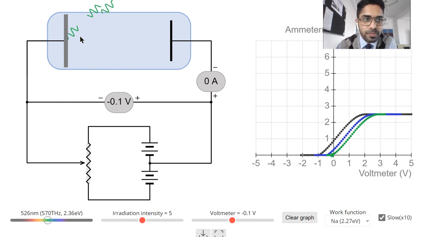So we need the particle theory of light to explain the photoelectric effect, and we also need the wave theory of light to explain the other previously discussed phenomena, the five phenomena that we have. So that's why light exhibits dual nature. It can behave as a wave, as well as it can behave as a particle.